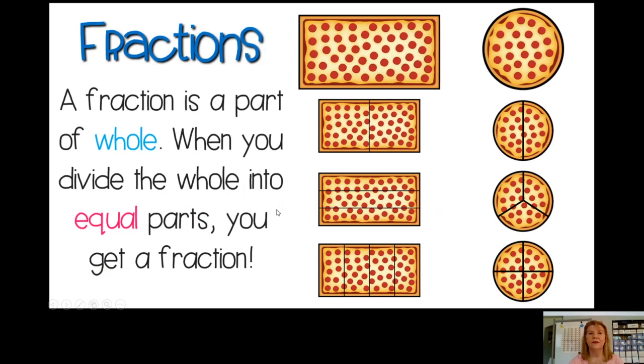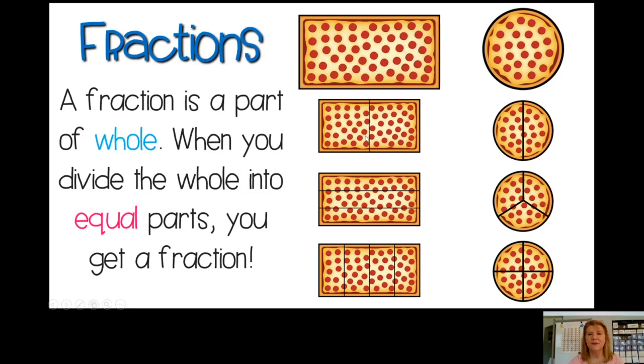Vocabulary that we need to learn. What is a fraction? A fraction is a part of a whole. When you divide the whole into equal parts, you get a fraction. We have a whole, something that has not been divided or anything missing. We have two halves.